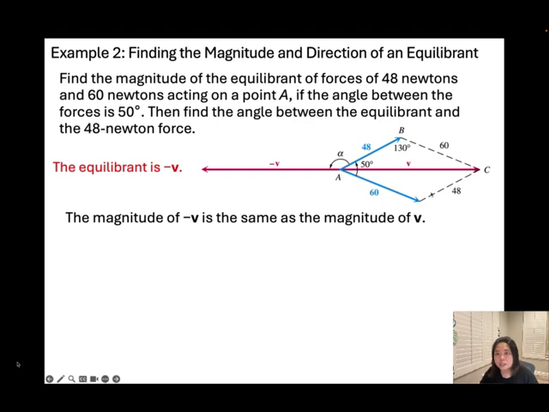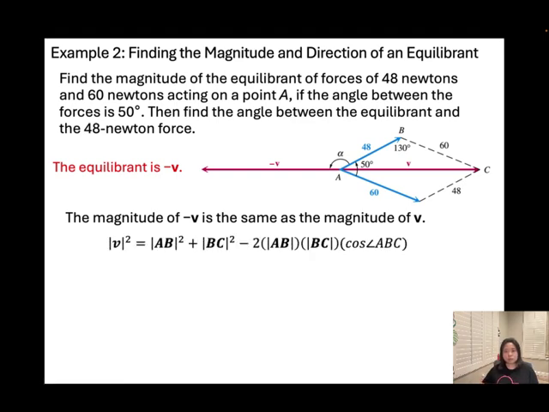This is 48, this is also 48. Now we're going to apply the law of cosines. We know these two sides, we know the angle in between, and we want to find V here. Okay, plug it in and use your calculator.